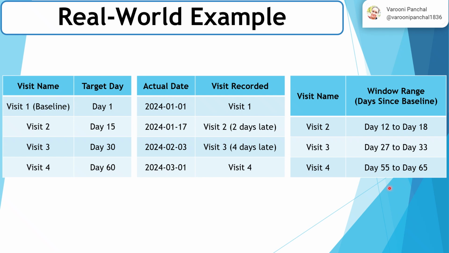If it falls between 55 and 65, then it will fall in visit number 4. So in such scenarios, this visit windowing of days since baseline is calculated, right? So this is planned, this is actual, and this is the visit windowing range that has been calculated. And if the study day or the recorded day falls under this particular range, it will be flagged under this specific visit name.